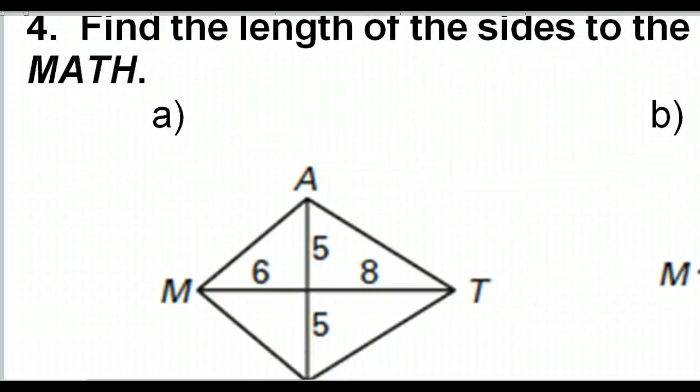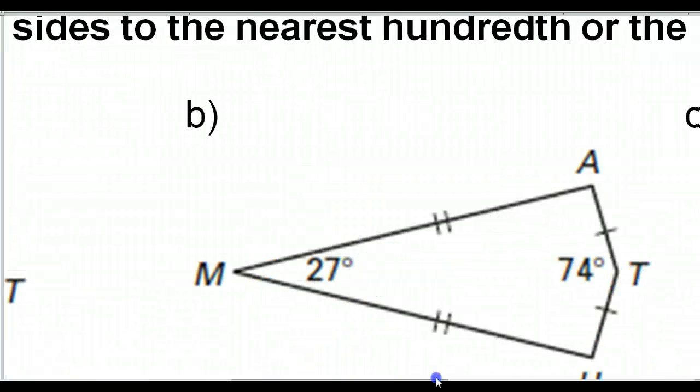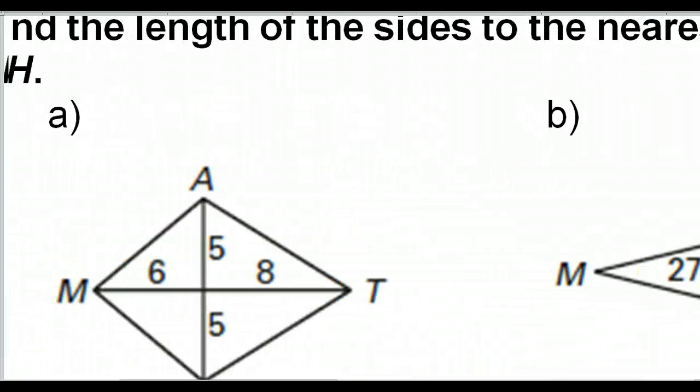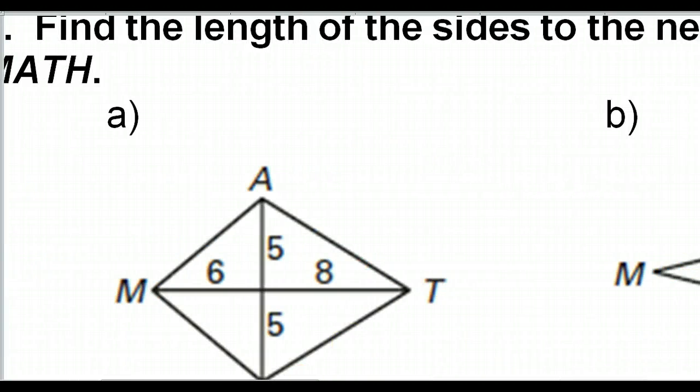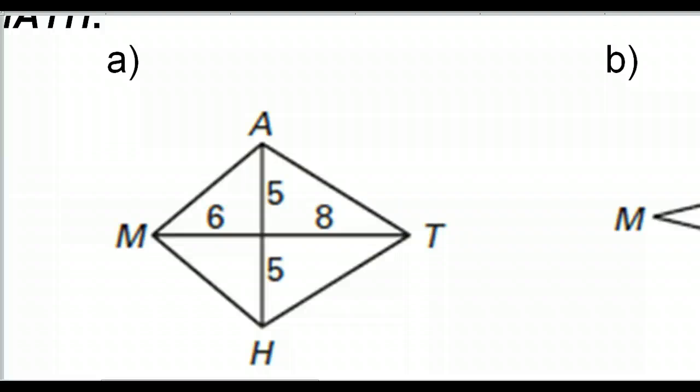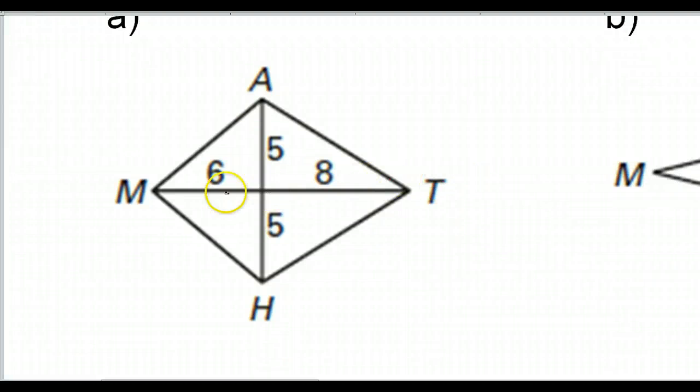So, what is one of the main special qualities of a kite? There are 2 special characteristics of a kite. Can you tell me one of them? Alright, the 2 characteristics are the diagonals are perpendicular, just like in a rhombus.